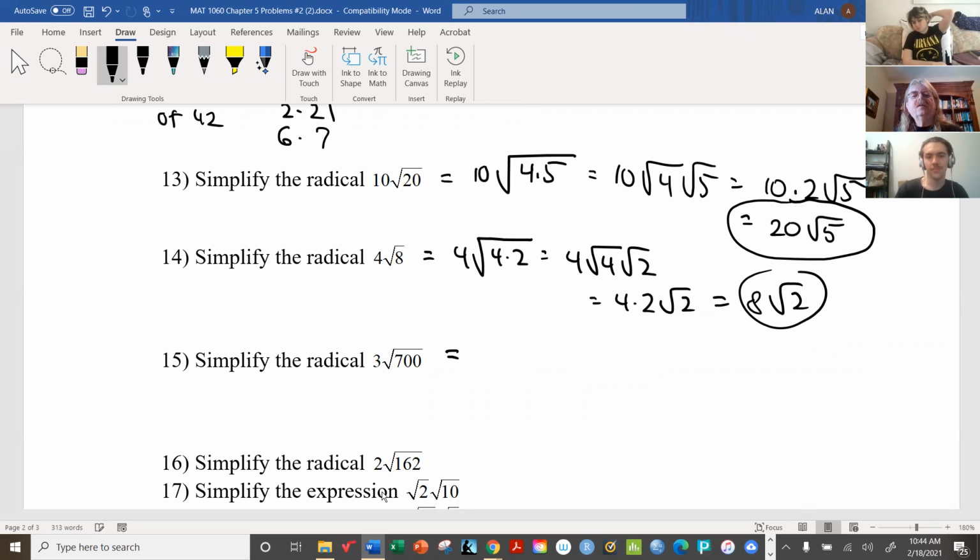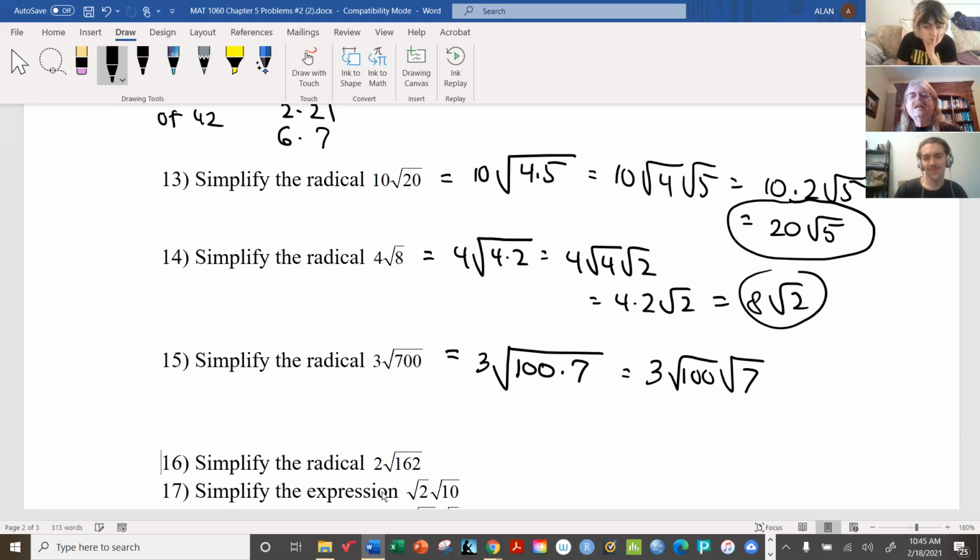Now look what we have here. I like this one because look how easy this is. This is our favorite perfect square, isn't it? 100? I bet it is. Because everybody knows and loves 100. Now the square root of 100 is of course 10.